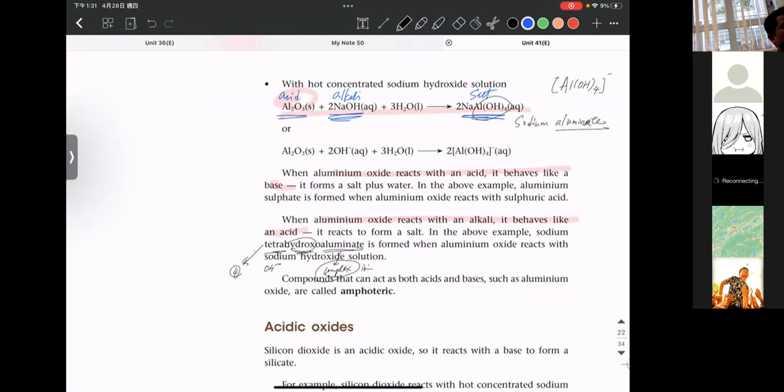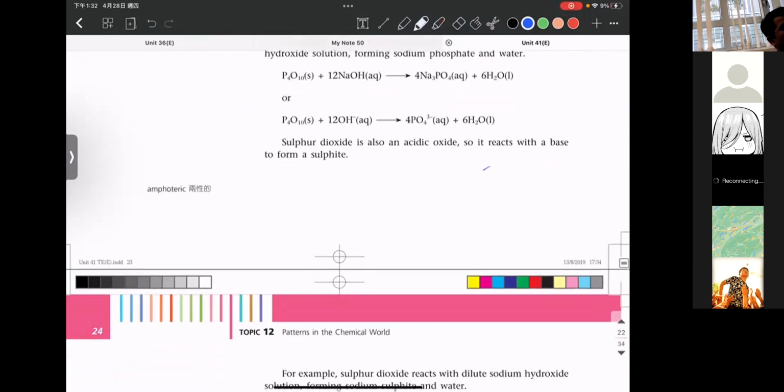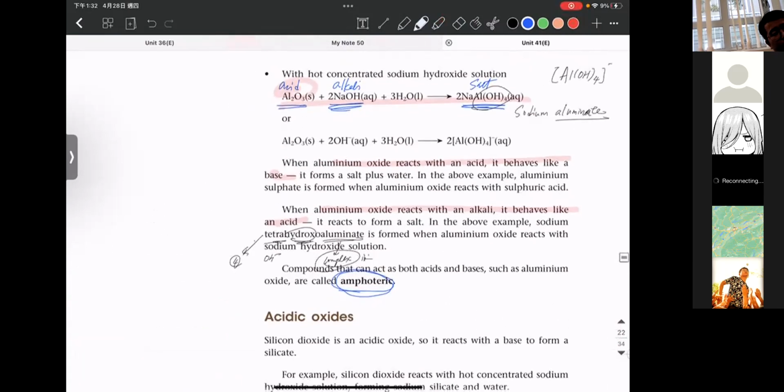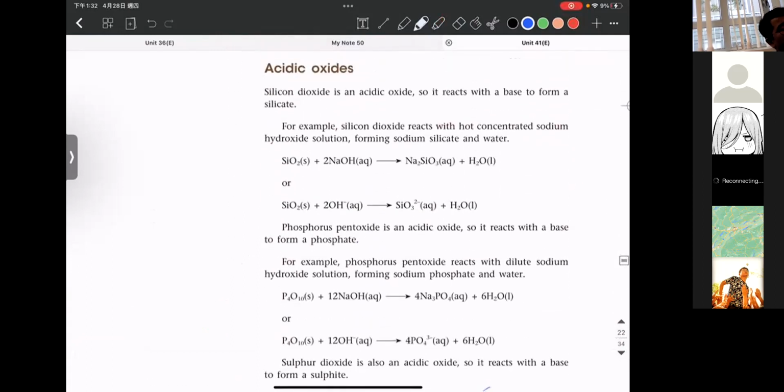So for aluminum oxide, it is said to be a very special case by naming it as an amphoteric oxide. Amphoteric, which means that they can have dual property. Amphoteric, 得唔得？率兩性的 amphoteric. How about the other cases?